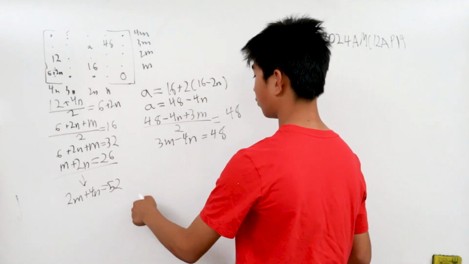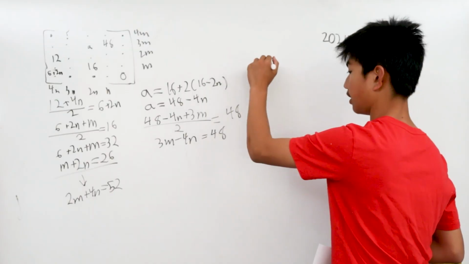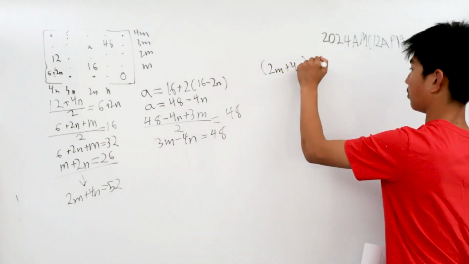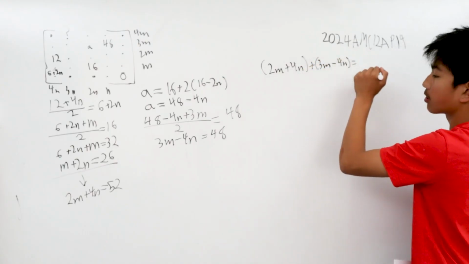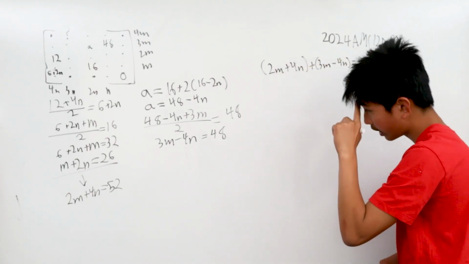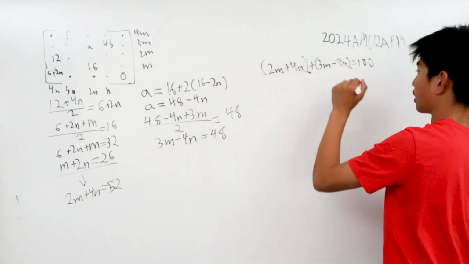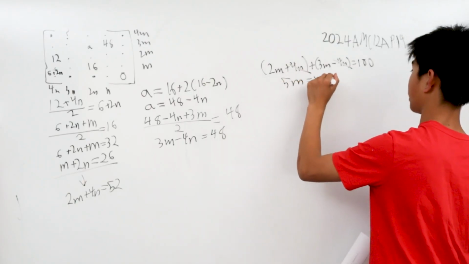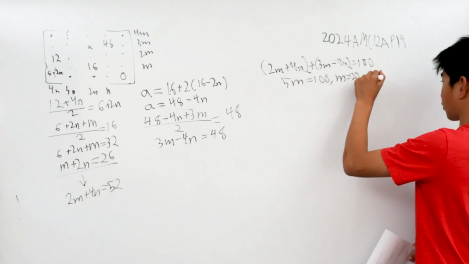So now we can add these two up. So this is 2m plus 4n plus 3m minus 4n is equal to 48 plus 52, which is 100. These 4n's then cancel out. So 5m is equal to 100. We get that m is 20 and that n is equal to 3.